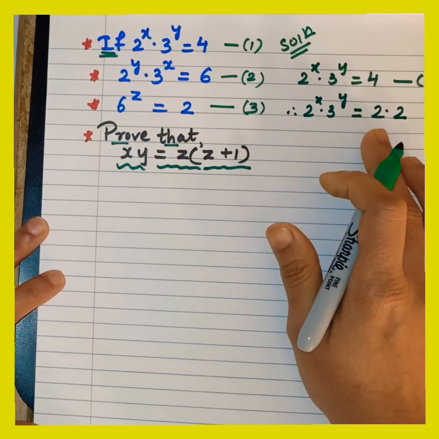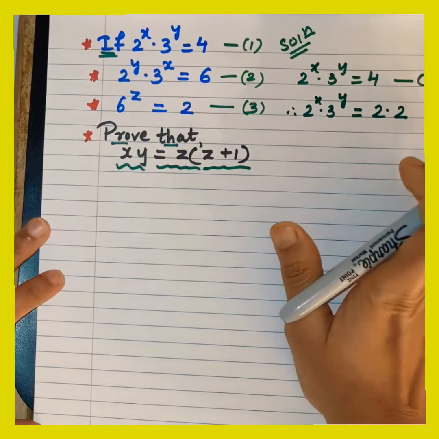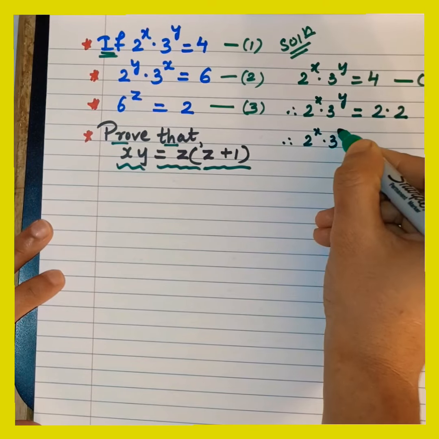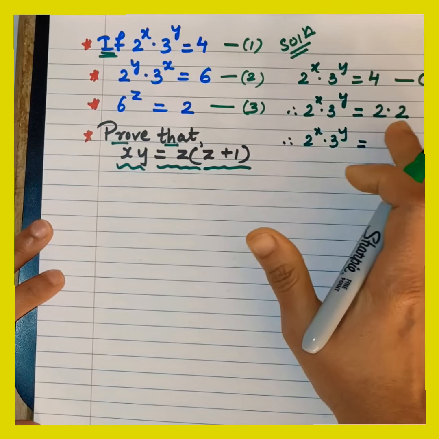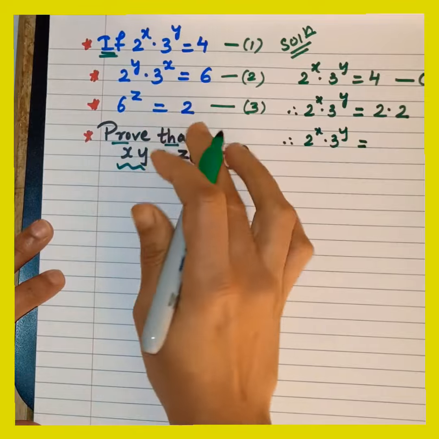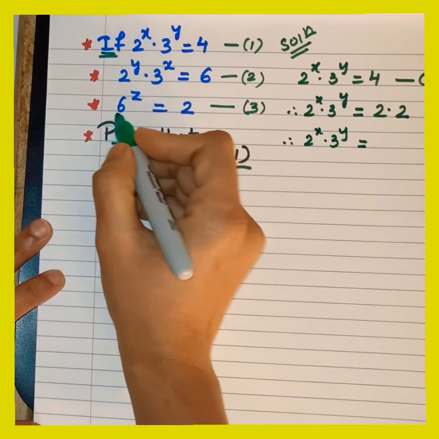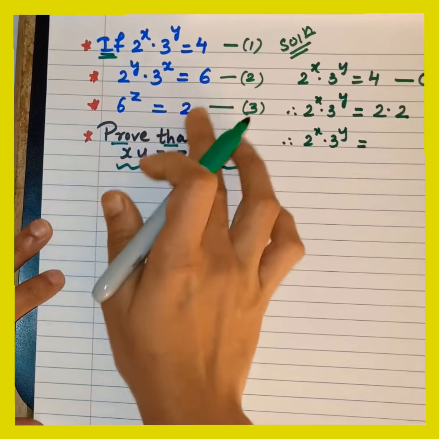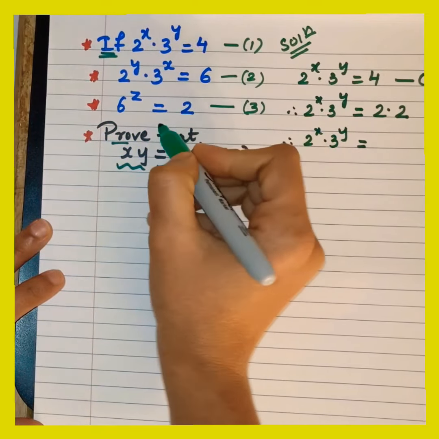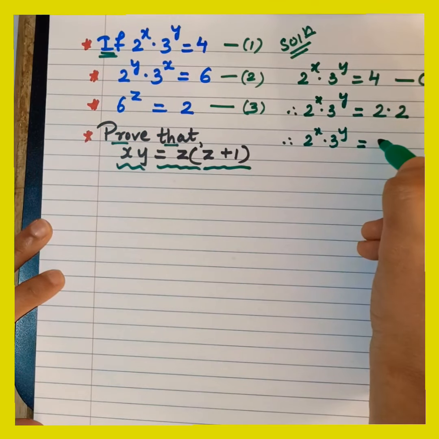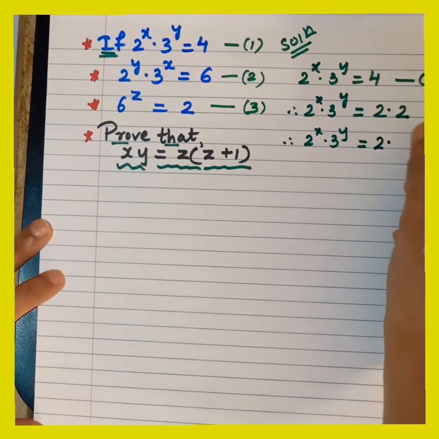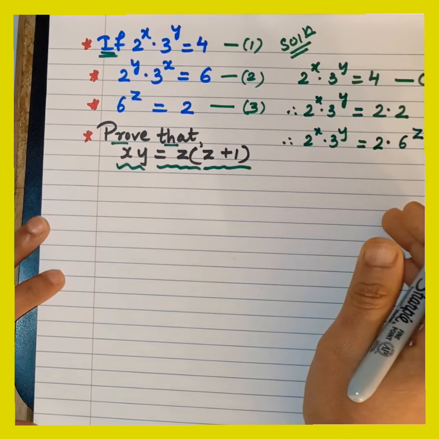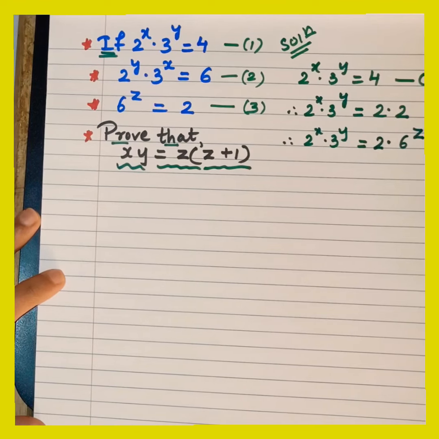Now further, if you see the third equation, 2 is equal to 6^z. It is given to us. So this third equation, this part we are going to use. So in place of one 2, I will keep 6^z. The first 2 I am keeping as it is, and in place of the second 2, I am keeping 6 raised to z.